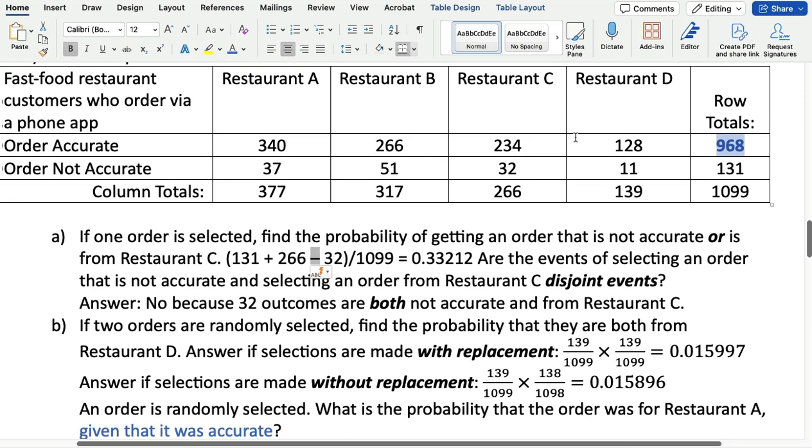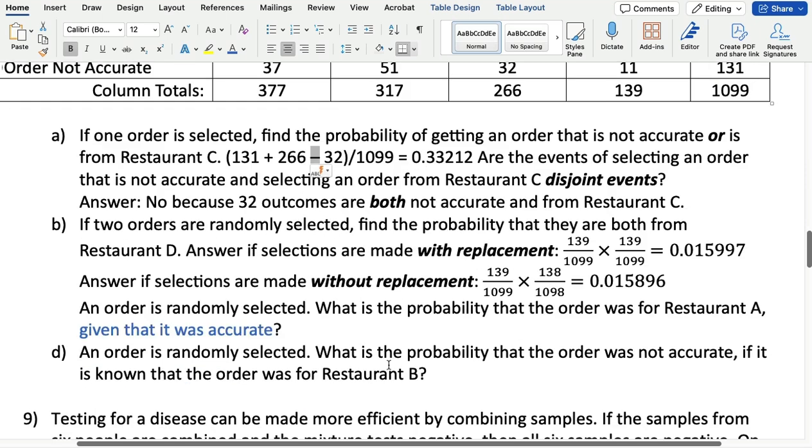So all we have to do is look across on our table at that row. How many in that row were from restaurant A? And that's 340. So we're going to just take the 340 and divide by the 968.